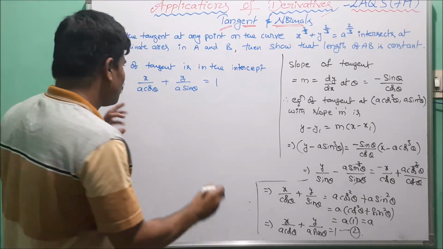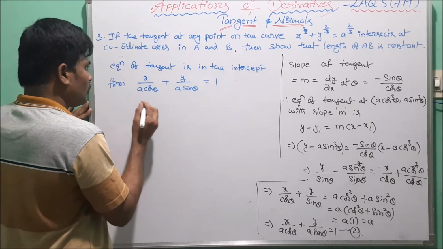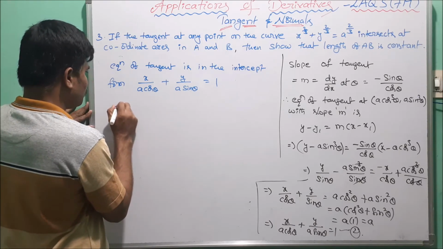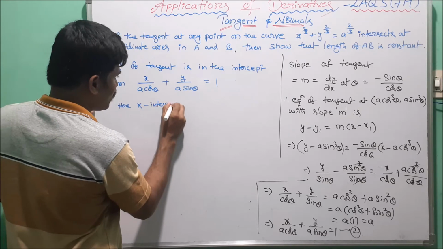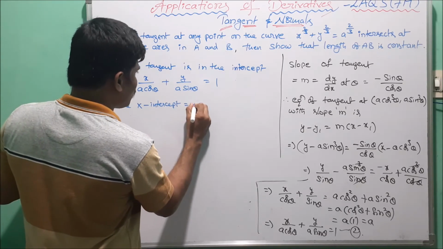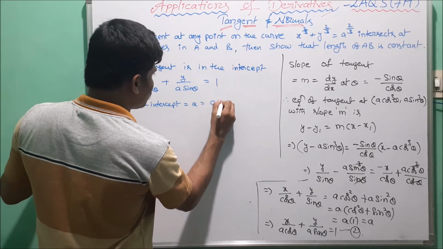Now here, x-intercept equal to small a equal to a cos theta.